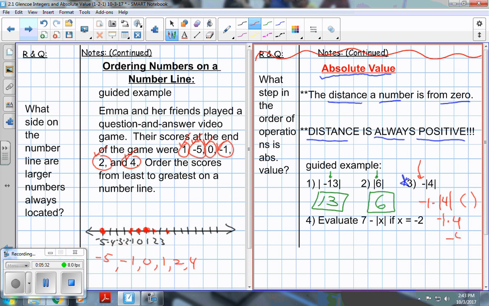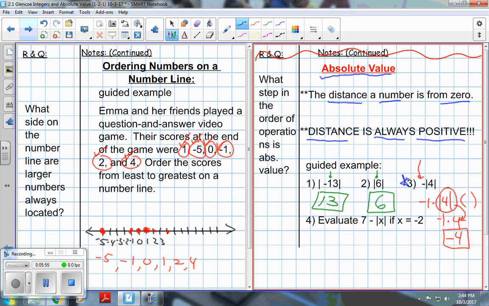Yeah, it's -4. So number 3 is hard for students to comprehend because they say, I thought you said all absolute values were positive. And when they argue that, I like students to realize the absolute value of 4 was positive 4. So it did come out positive, but we had to continue using the order of operations.